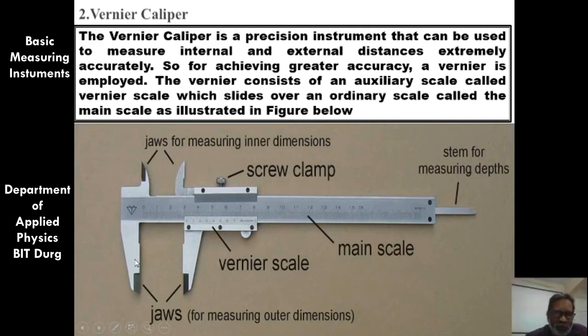If we want to find the outer diameter of the pipe, then these two jaws can be used. And suppose we want to find the depth of any beaker or any other object like that, then we are going to use this stem. This stem is used for measuring the depth.